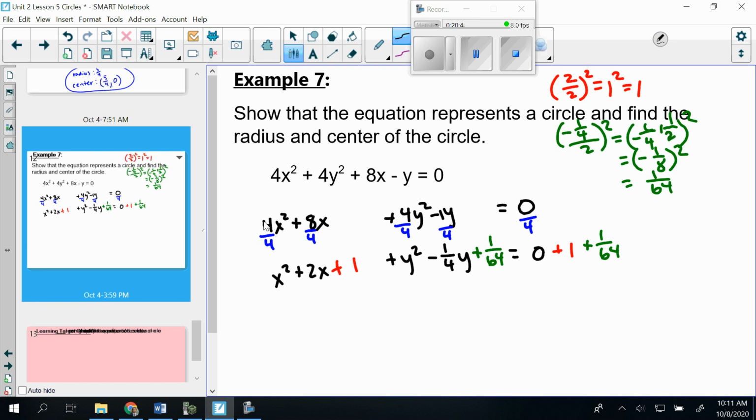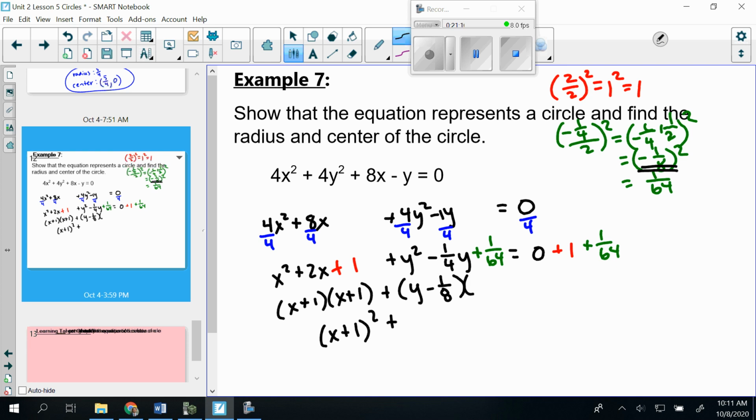All right, so now let's do our factoring here. This should be x plus 1 times another x plus 1, which is x plus 1 squared. The next one, what's going to times the negative 1/64 and add the negative 4th? Again, clues right over here. It's going to be y minus an eighth and y minus an eighth, because negative 1/8 times negative 1/8 is 1/64.